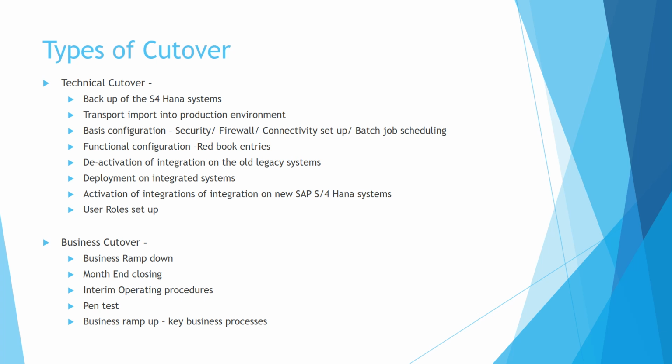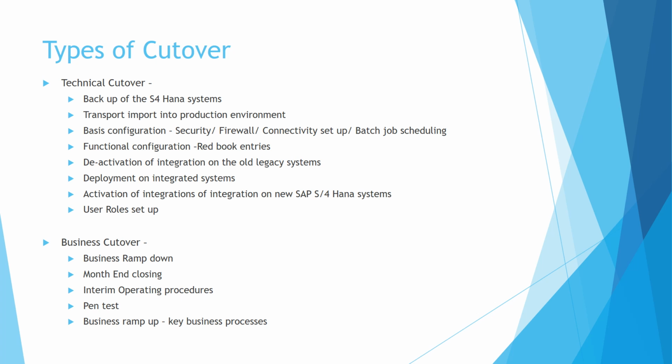Okay. And during this blackout period, if there are certain activities which are business critical, for those we will have interim operating procedures. Basically, can we do those things manually if we have to, like send some urgent payments, or place some urgent orders while the legacy system is down and there is a cutover happening on S4 HANA.